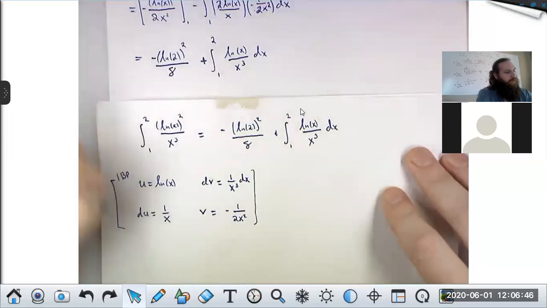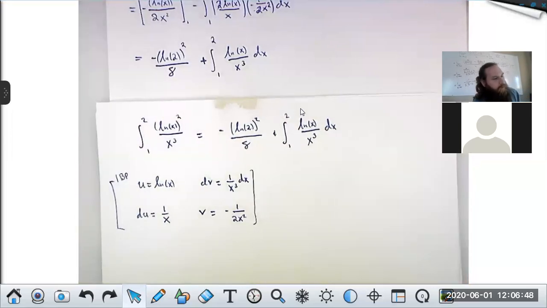So the dv to v stuff is power rule stuff. I'm not showing the details here, but if you want to take your time and step to the side to integrate 1 over x cubed, you will find that you get negative 1 over 2x squared.